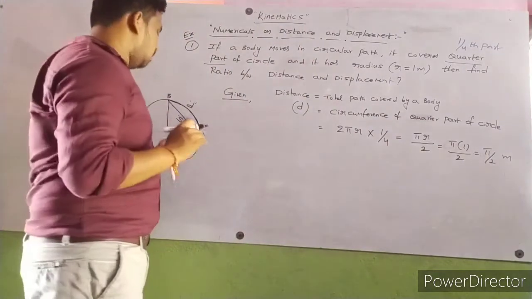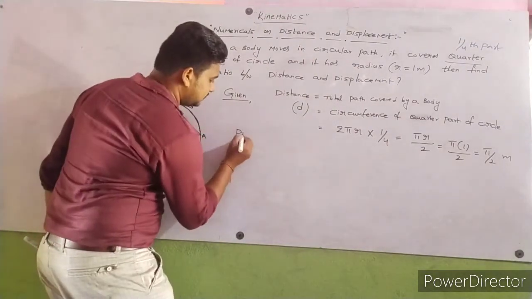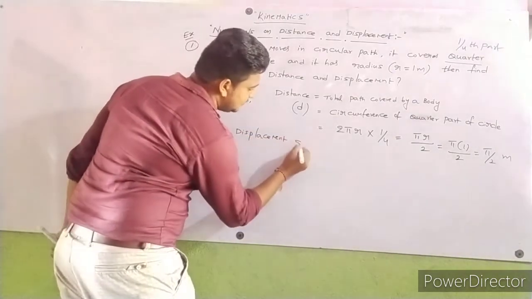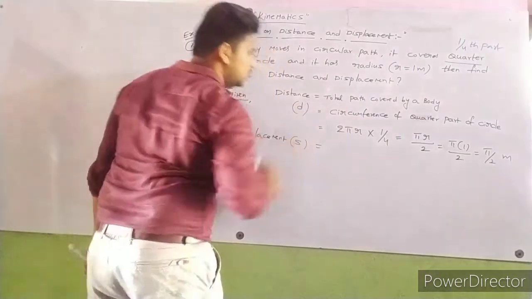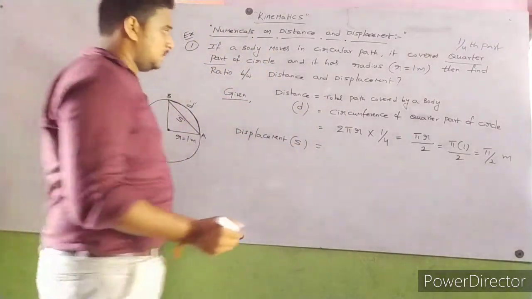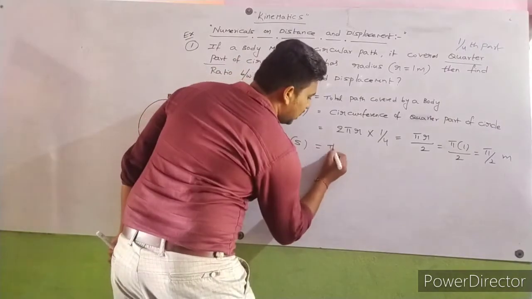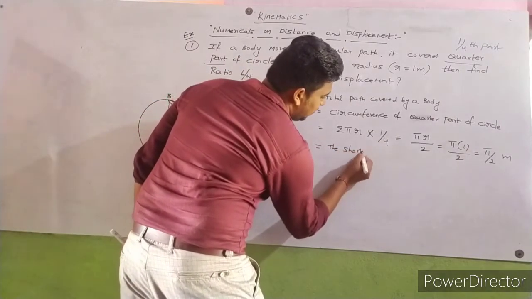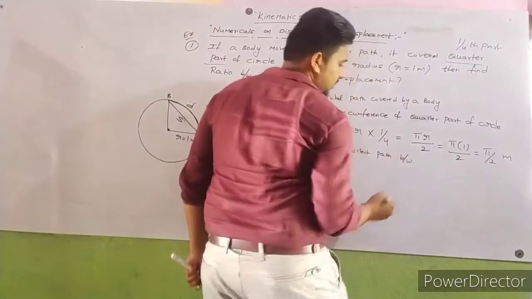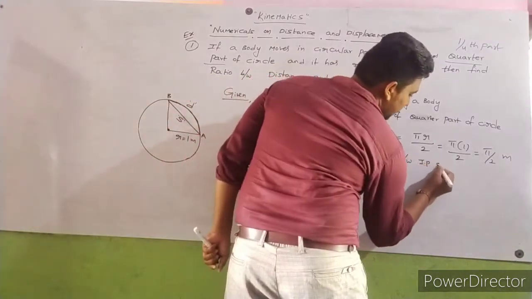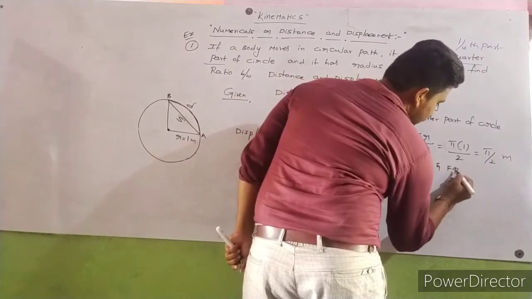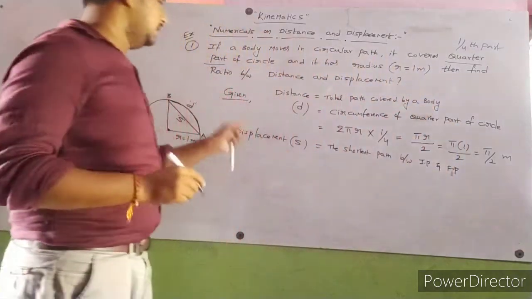Now displacement s is equal to the shortest path between the initial position and the final position. That is called displacement.